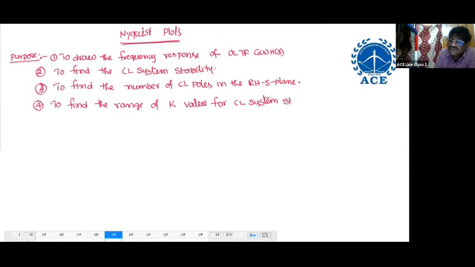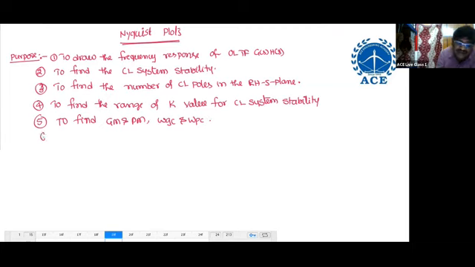Closed loop system stability. To find the gain margin, phase margin, gain crossover frequency and phase crossover frequency.